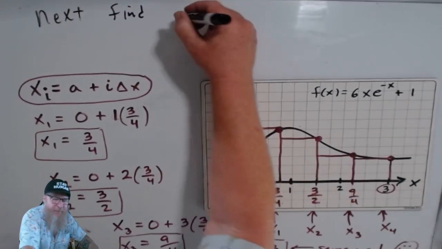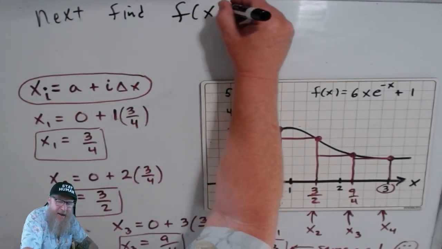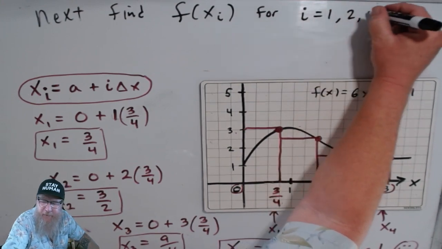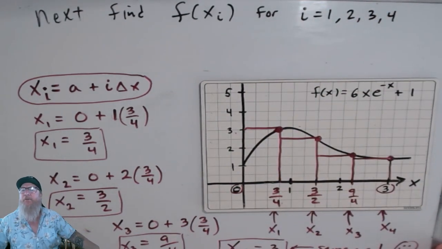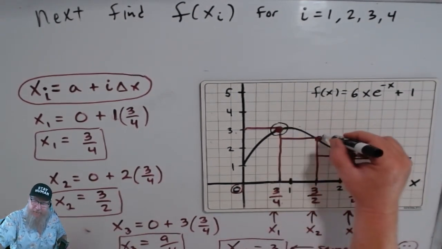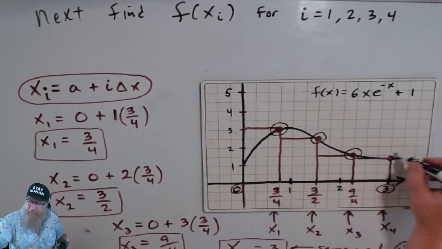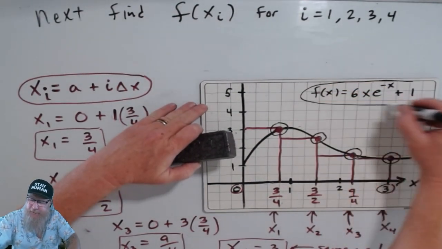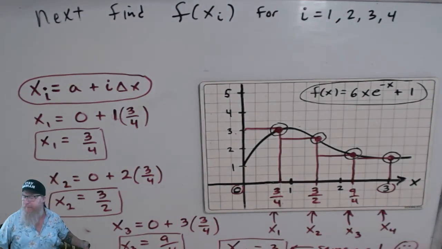Let's just call them f of xi, and it depends on how many i's you have. We've got 4 i's, so i equals 1, 2, 3, and 4. So that's going to be the y values of these 4 points here. And you use the given function to find what I call the roof of the rectangle.